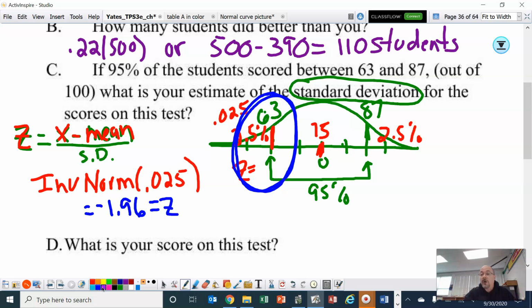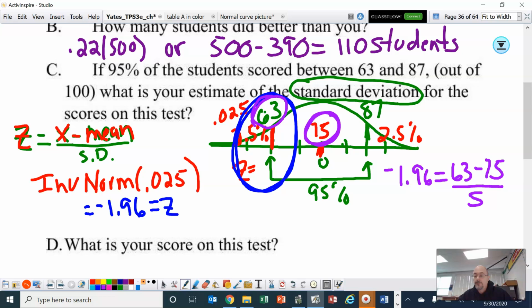We know the z-score equals, I'm going to use the 63 as my x minus the mean, which I found to be 75, over the standard deviation.